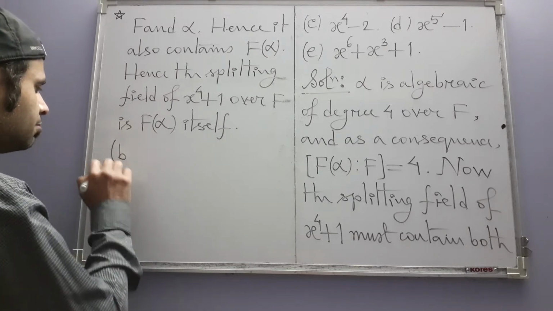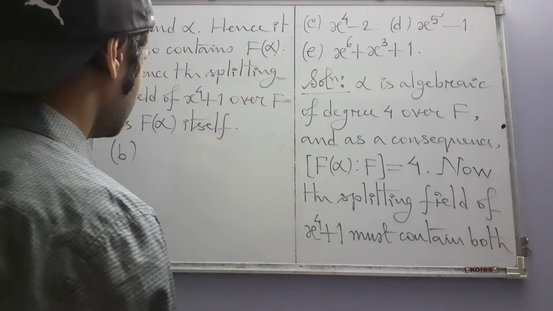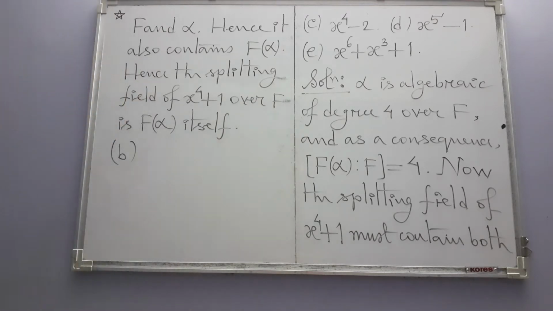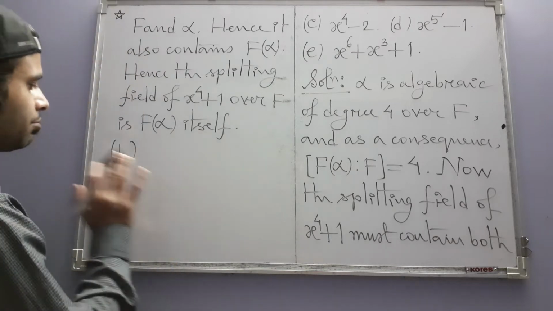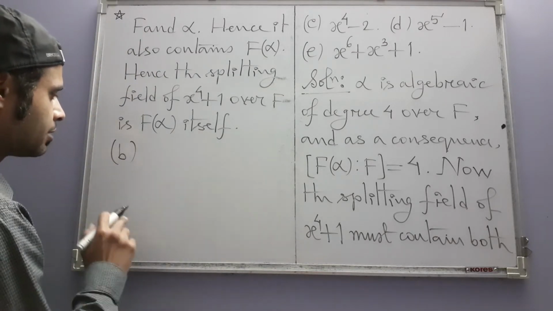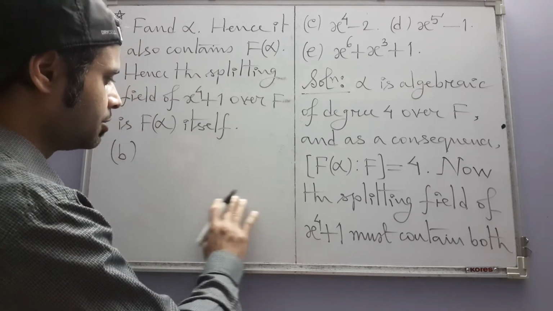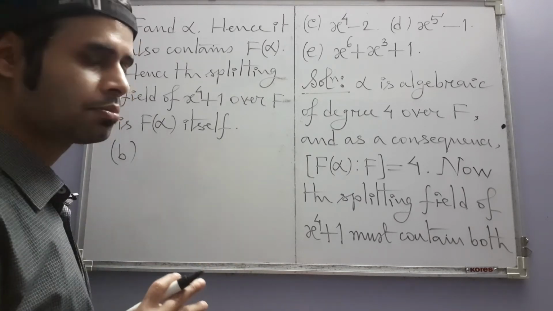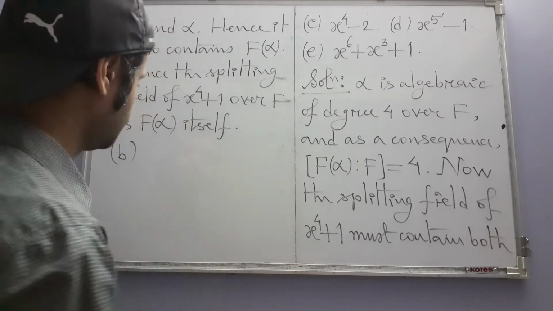Now in part B, because we have seen what we need to do, we are going to be somewhat sketchier. We won't write this many things. Now in part B, just like part A, we are going to start with a complex number which will turn out to be a root of the given polynomial, and in part B the polynomial is x to the power 6 plus 1.